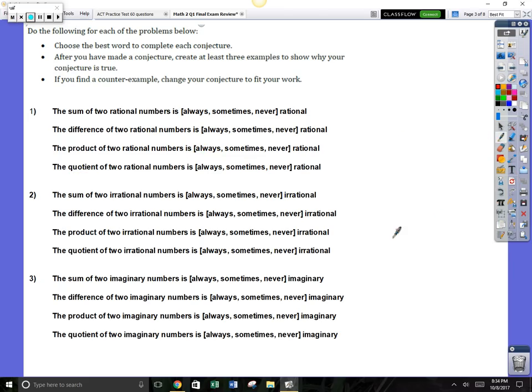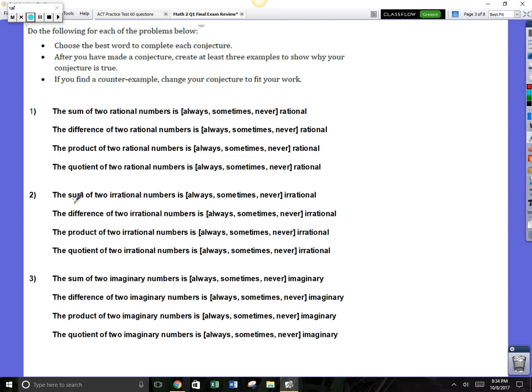Okay, number 2. The sum of two irrationals is sometimes irrational. So if I look at square root 2 plus square root 2, that is irrational. The answer is 2 square roots of 2, which is also irrational.